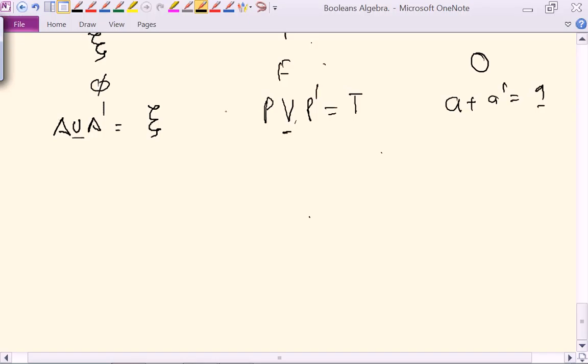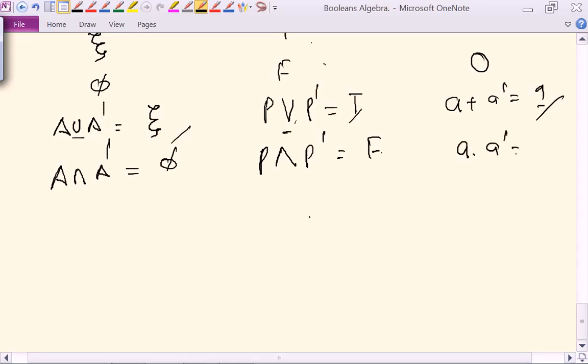And for the universal set we have true, and in Boolean algebra we have 1. Simply, if it's A intersection A complement, that's going to be phi, the null set. And similarly, P and P complement is going to be false, right? And A and A complement is going to be 0.